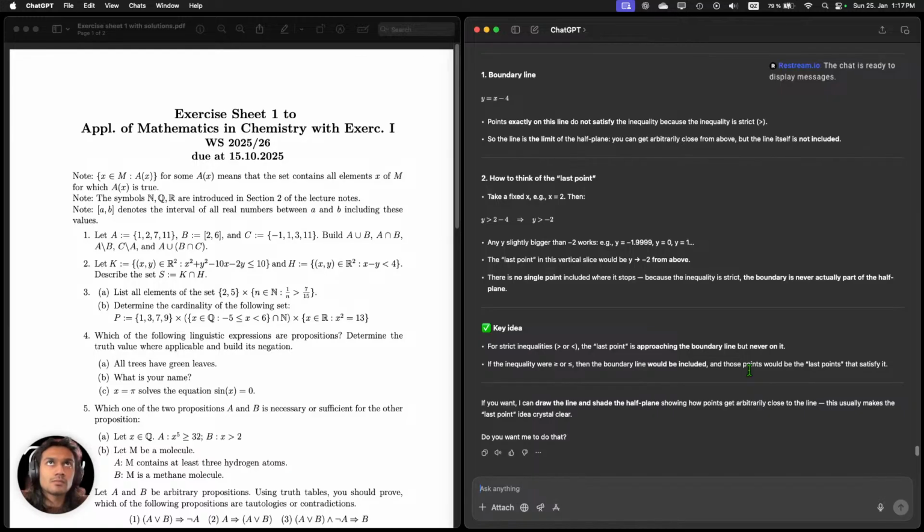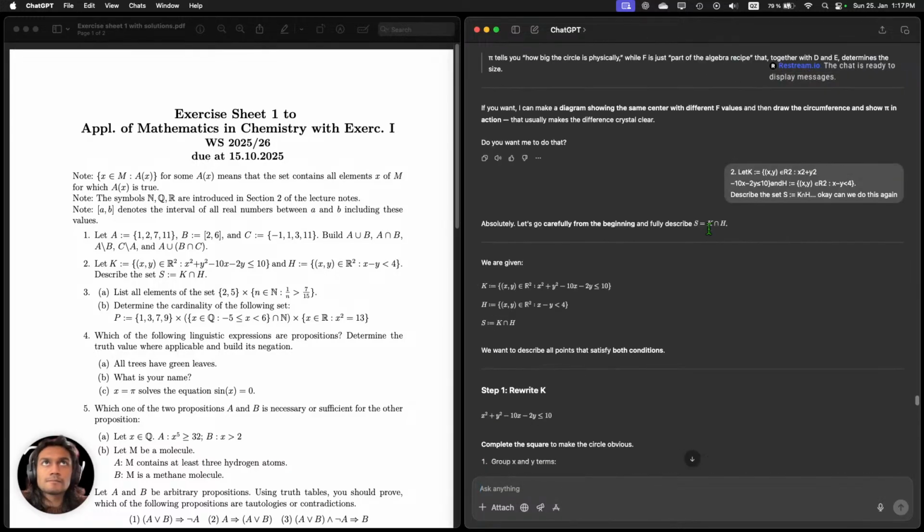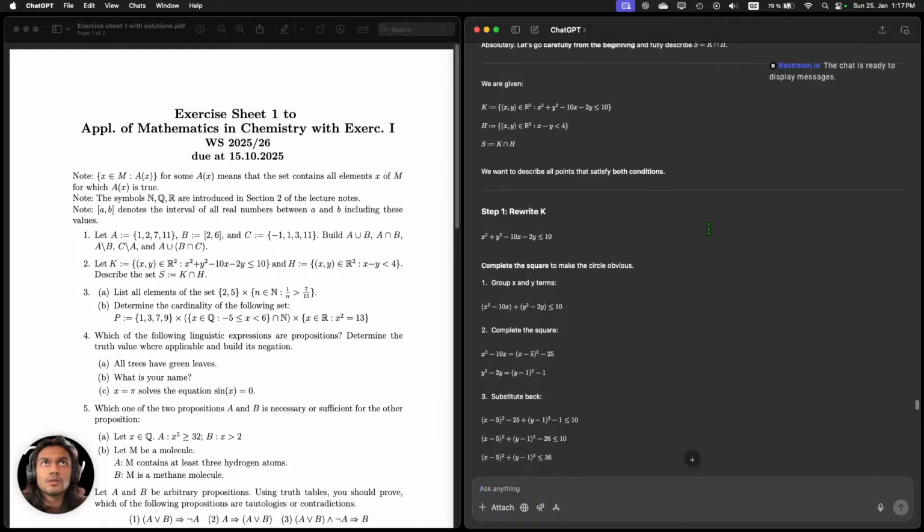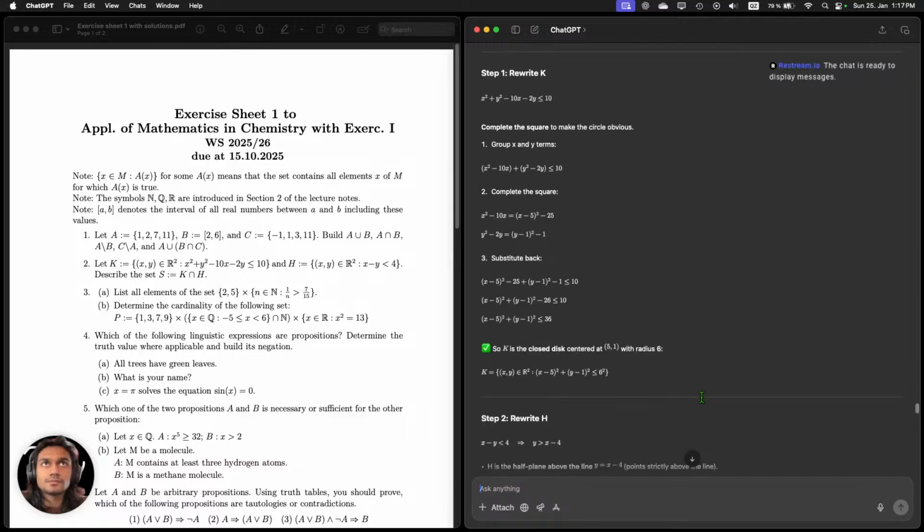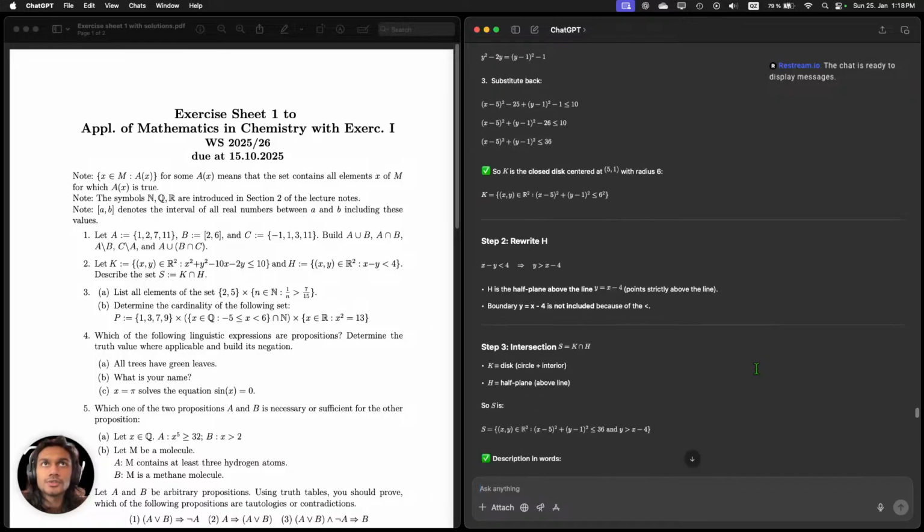So minus 2. So we rewrite the equation. Okay, so this center, radius 6, rewrite h.